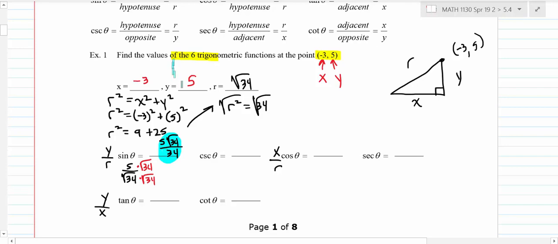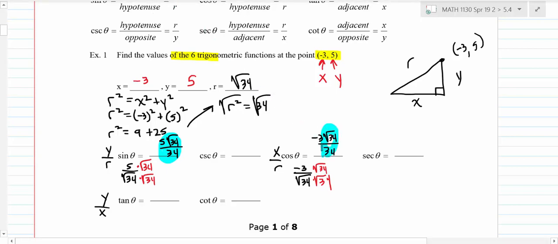Okay. The cosine is x over r. So x is -3, r is square root of 34. So again, you could just rationalize that denominator. Just do that in your head if you want to. So that would end up giving -3 root 34 over 34 like that.